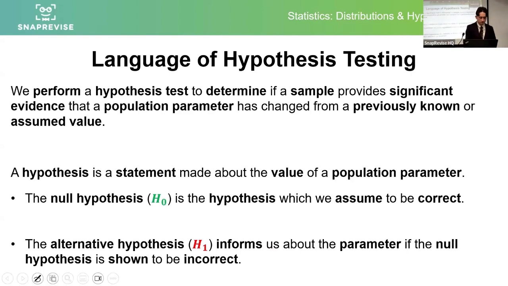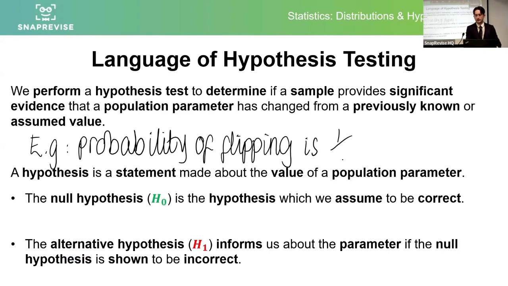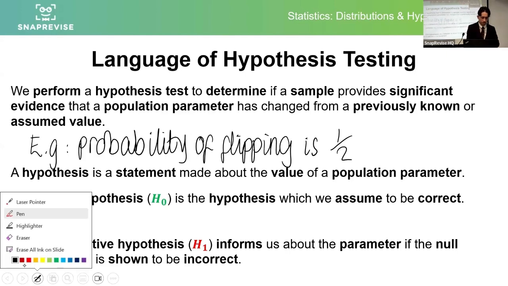So for example, the probability of heads is 1/2. That's what we believe to be true if it's a fair coin. That's the default position.